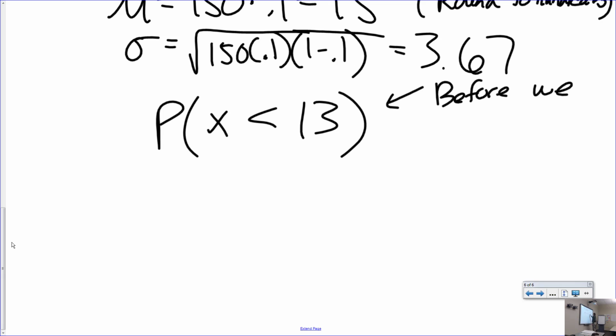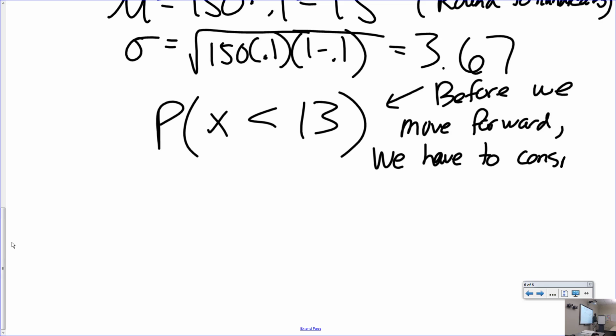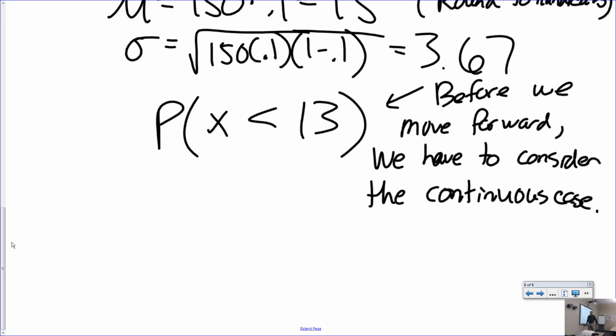Before we move forward, we have to consider the continuous case. So this is where these problems get a little bit on the weird side, okay?